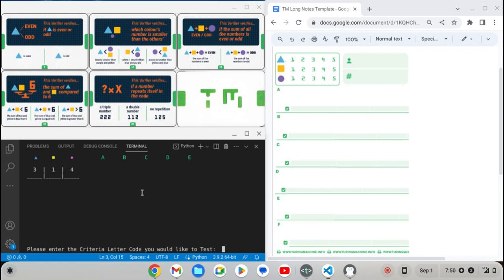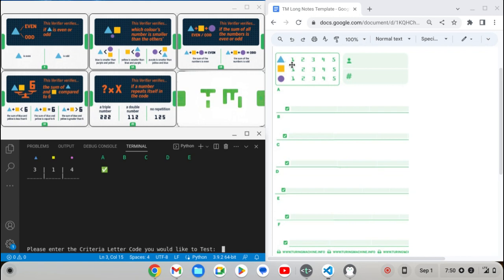So the first thing I want to test is I want to know a little bit about that triangle digit. So let's go ahead and test criteria card A. Okay, so the Turing machine approves. Notice that I did choose an odd 3. The Turing machine confirms that yes, triangle is an odd digit.